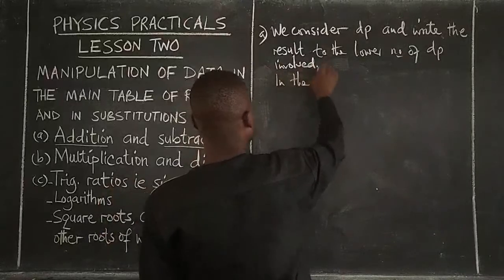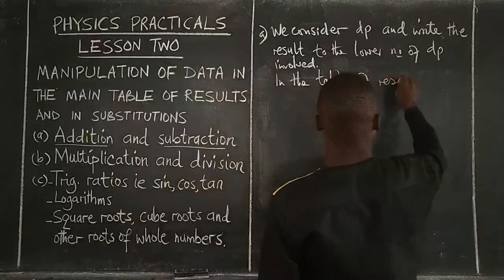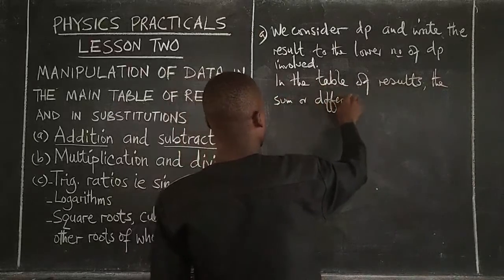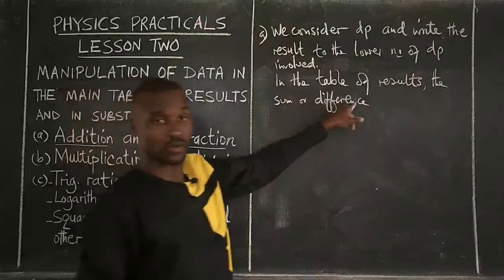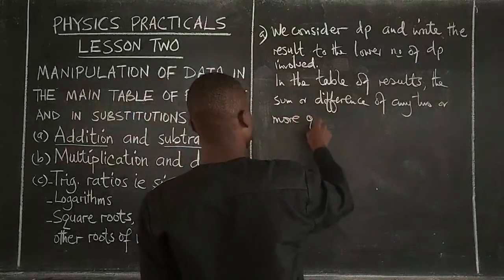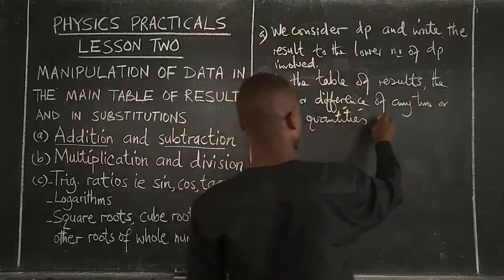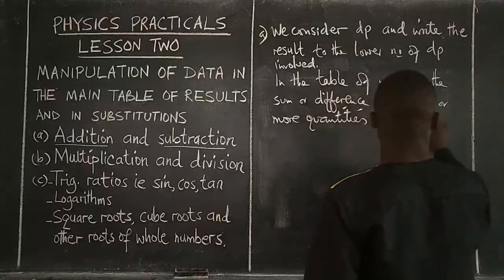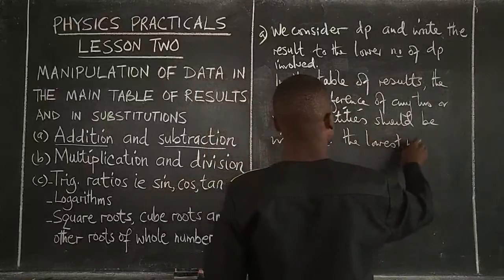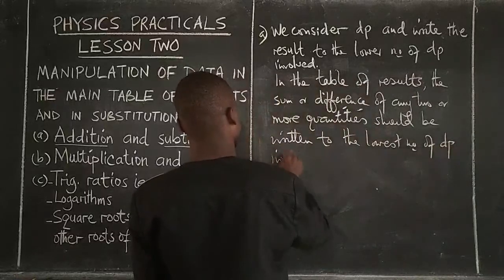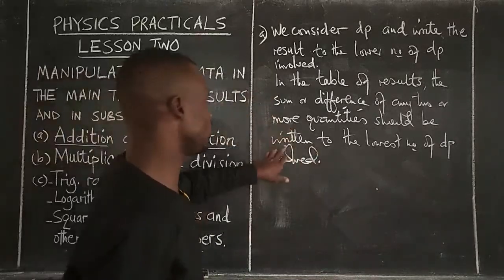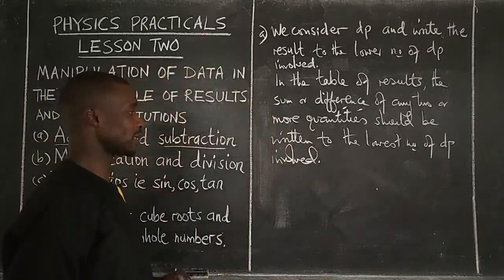So in the table of results, the sum or difference, that is the one obtained after adding or subtracting any 2 or more quantities, should be written correct to the lowest number of decimal places involved. Please note that in the table of results, the sum or the difference of any 2 or more quantities should be written correct to the lowest number of decimal places involved.